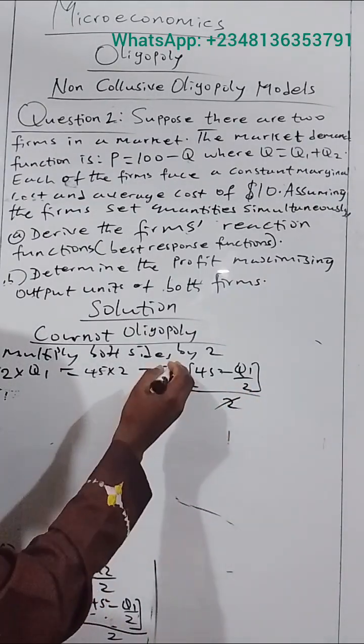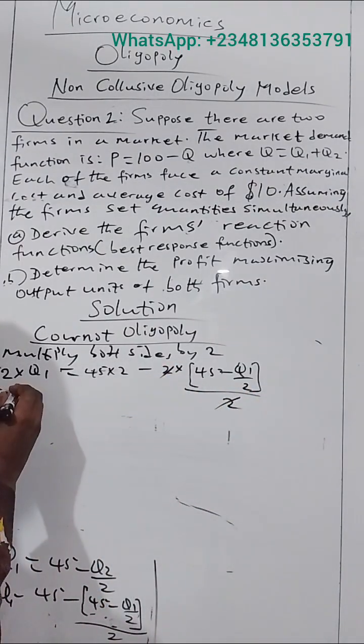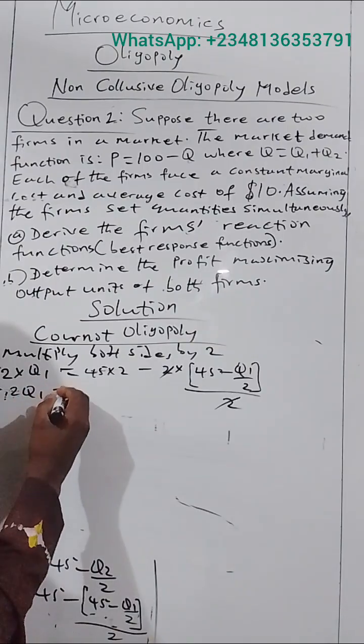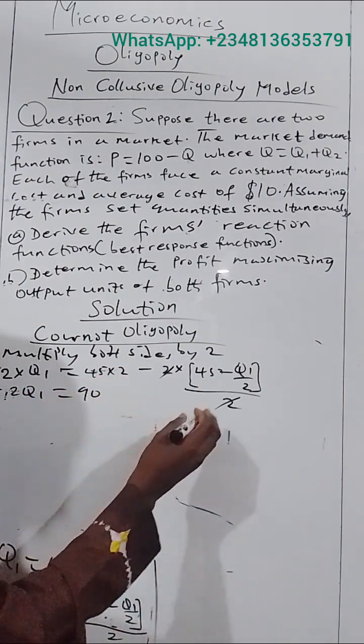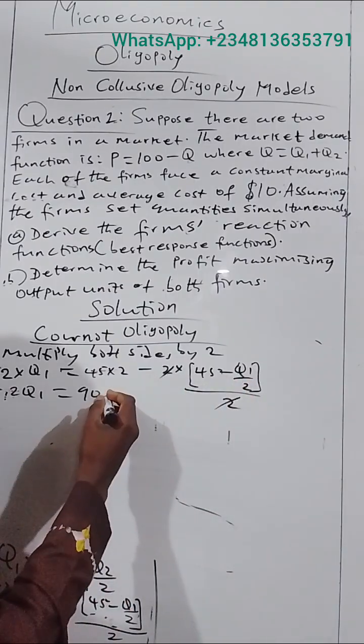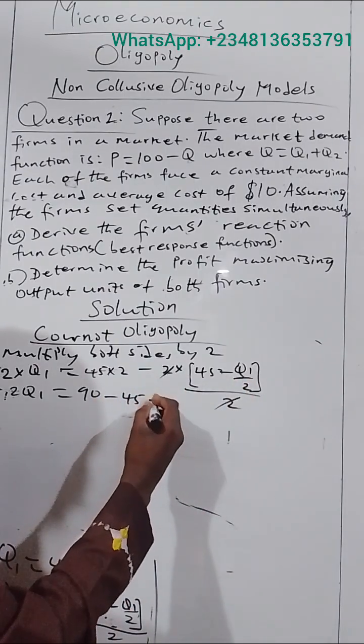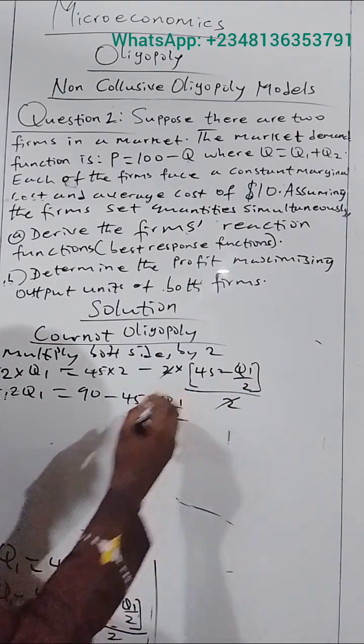So these two cancel, and I am left with 2Q1 equal 90, then I can open the bracket, I have minus 45, then plus Q1 over 2.